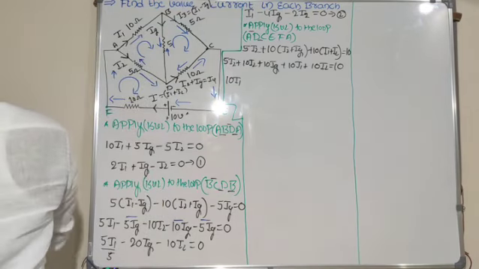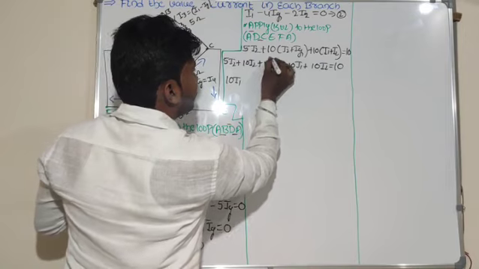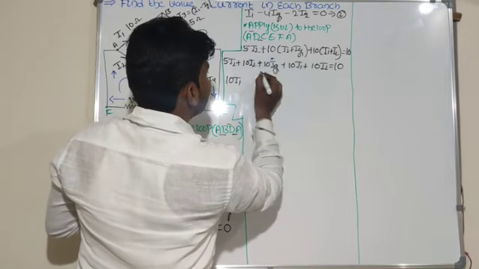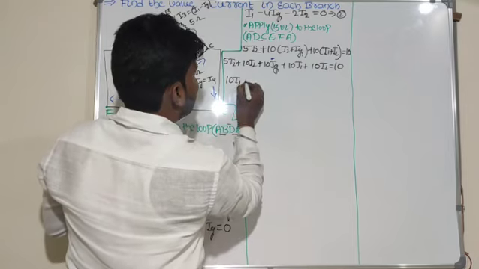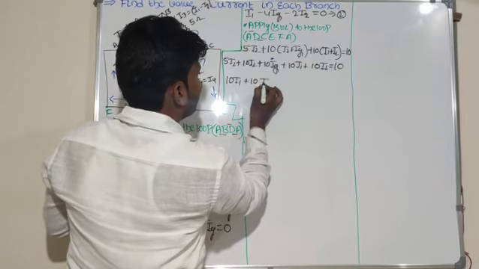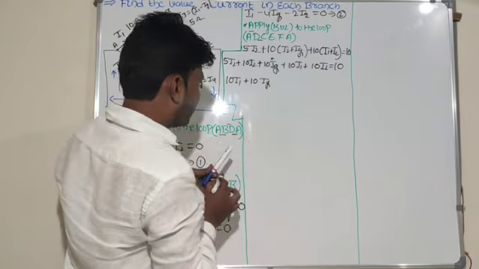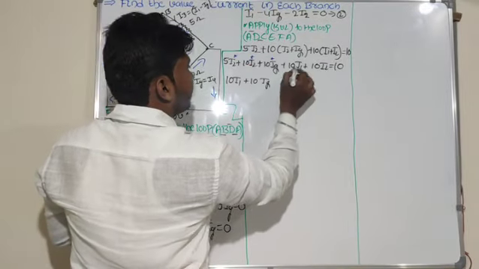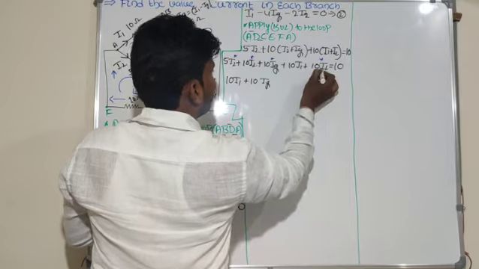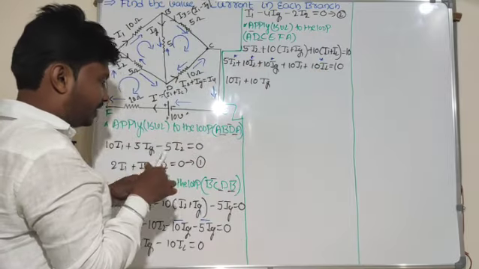Now in order to take that IG term, 10IG, only one term is there, so plus 10IG. So the I2 term I will take: 5I2, 10I2, 10I2, 10 plus 10 plus 5, so 25.